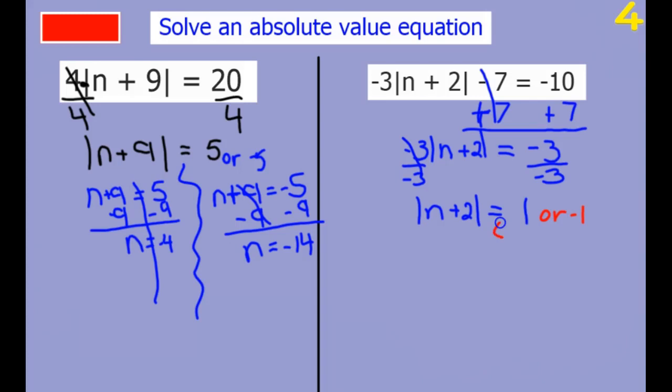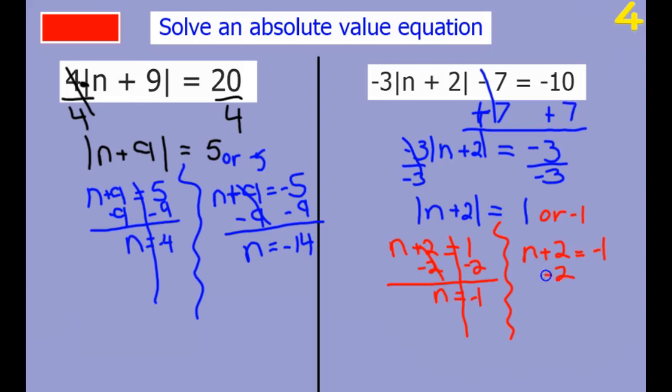So we have two problems. n plus 2 equals 1, or n plus 2 equals negative 1. So we have to solve this by subtracting 2 and subtracting 2. n equals negative 1.